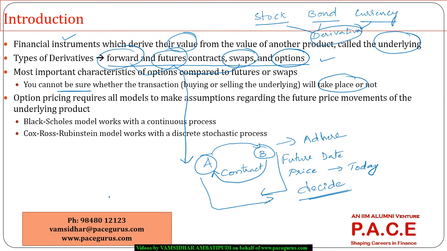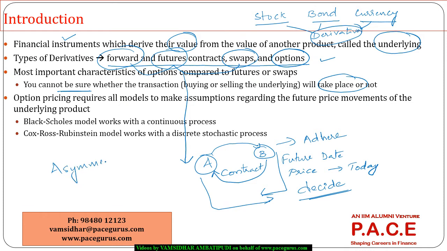There is some uncertainty regarding that, because one of the parties, either the buyer or the seller, will have an option to either go ahead with the contract or get out of it. Why is this asymmetric behavior?